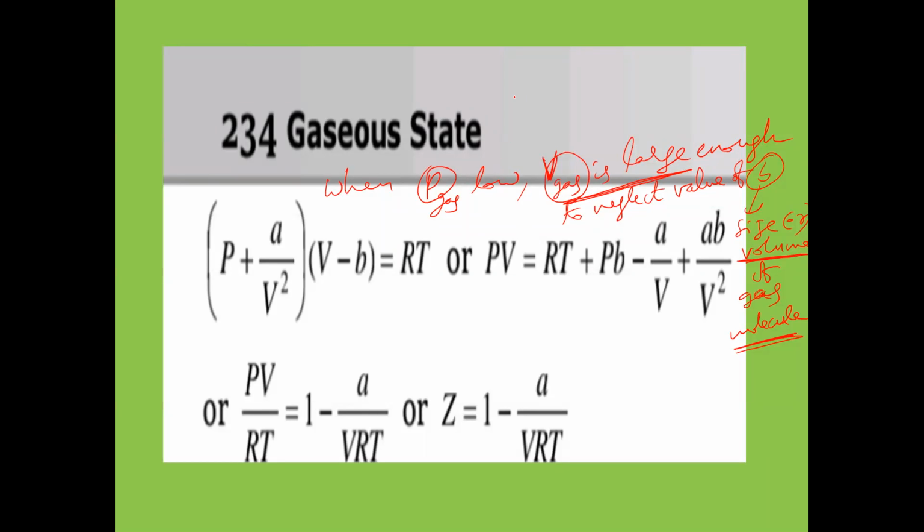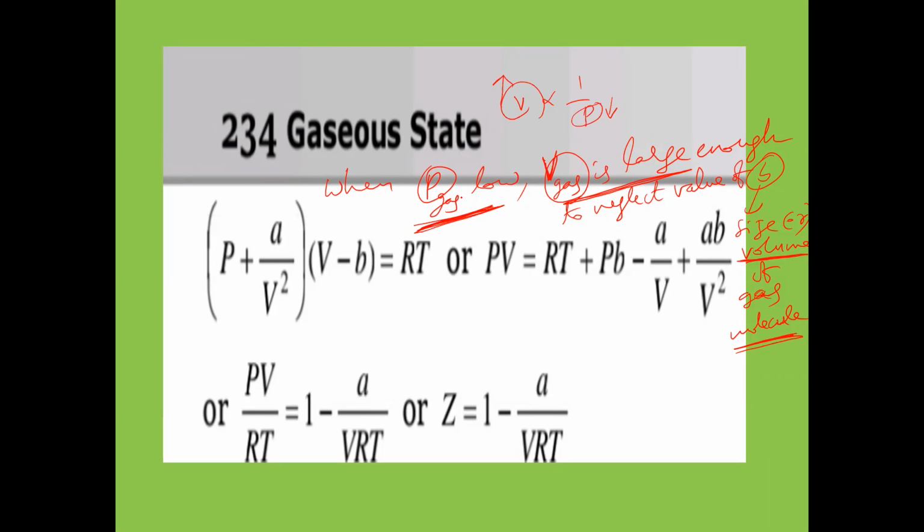How are volume and pressure related? Inversely. So when pressure is low, the volume will be large. So at low pressure, the volume of gas is large enough to neglect b. When b is neglected, the volume correction need not be written in the Van der Waals equation.